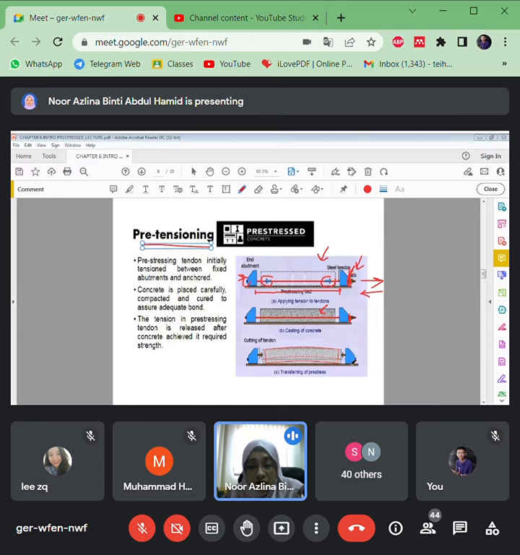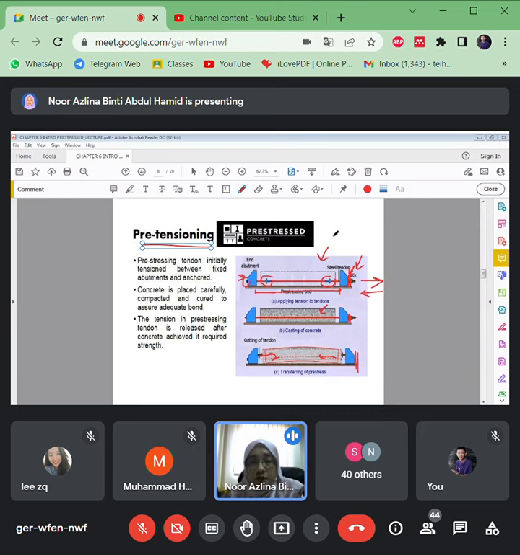After that we have to cut down the tendons, cut down the steel in order to release, and at the same time we transfer the loads to the concrete, that makes the concrete more tight, and also gives extra compressive strength in the concrete here.